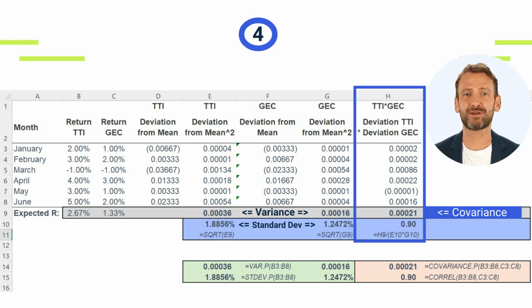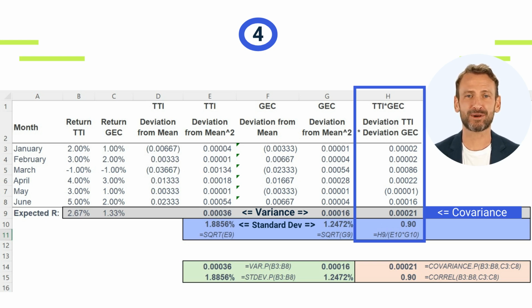If you look carefully at column D and column F, you can notice that the deviations of TTI and GEC always have the same sign, with the exception of the month of May, where GEC had a return below the average, while the return of TTI was above the average. Therefore, in column H, the value of the interaction of the deviations is always positive, with the only exception being the month of May.